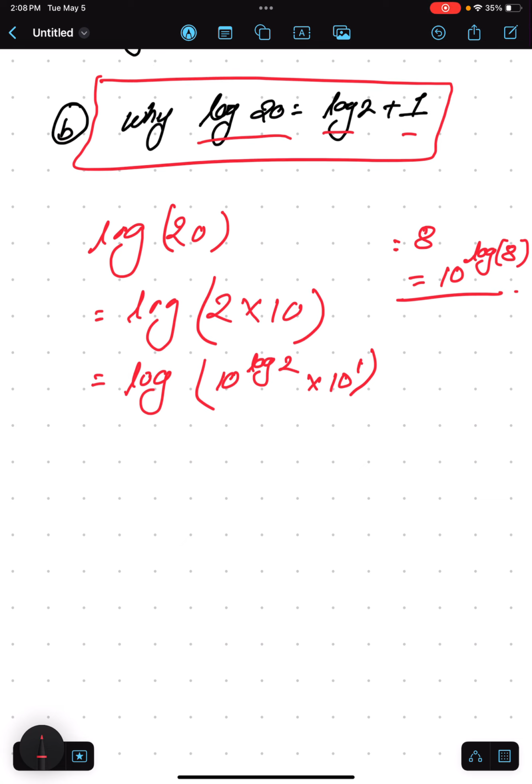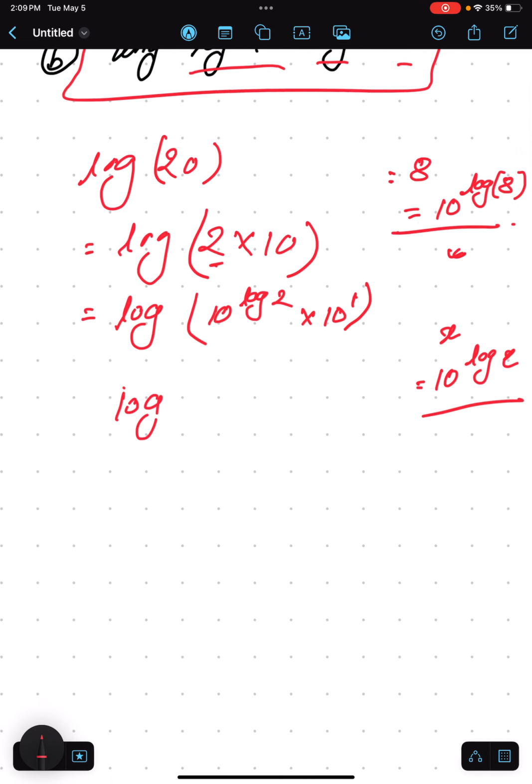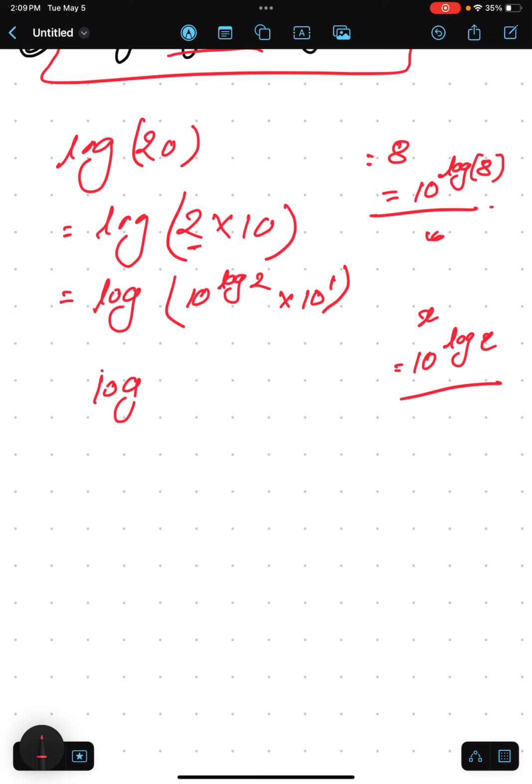Why I am writing this? I am writing this because in previous lecture we have studied this. Suppose x I can write as 10 log power x, right? So using the same concept, I am writing 2 as 10 log power 2. Then that means, now let's go to the law of indices.